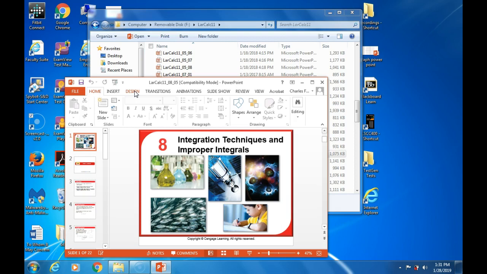We definitely need to. We've already been doing it. And improper integrals, I'll leave that one off because technically it's not an accurate integral. So we're going through 8.7, but not 8.8.